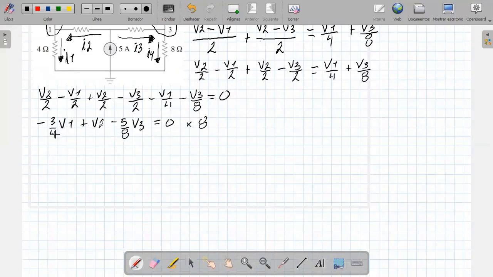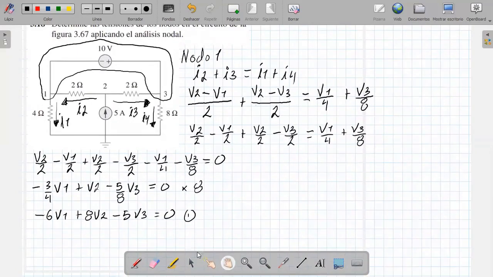And it would be minus 6 V1 plus 8 V2 minus 5 V3 equals 0. And this would be my first equation.